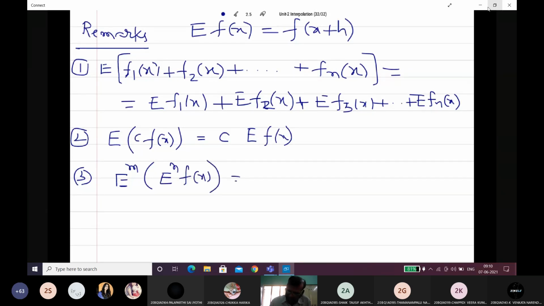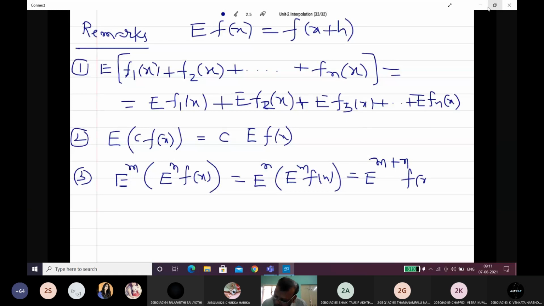In other words, we may write this as E power n of E power m of f of x. That is nothing but, by the law of indices, E power m plus n of f of x.